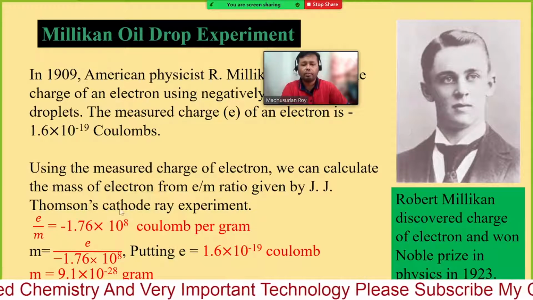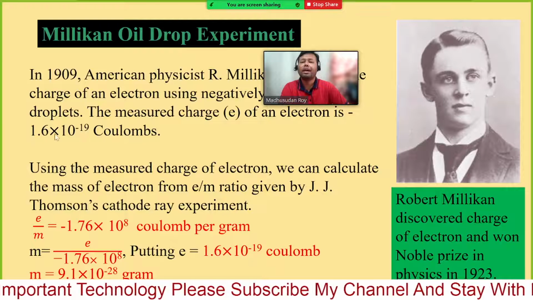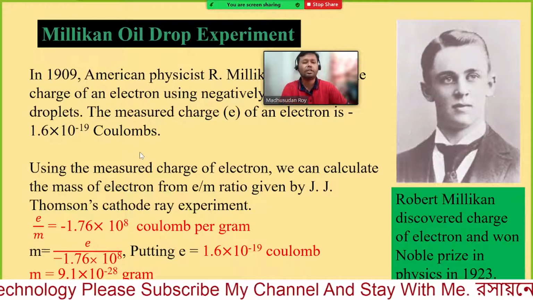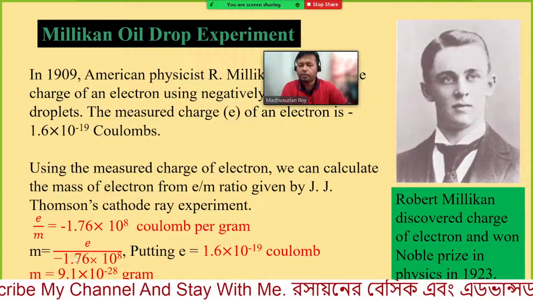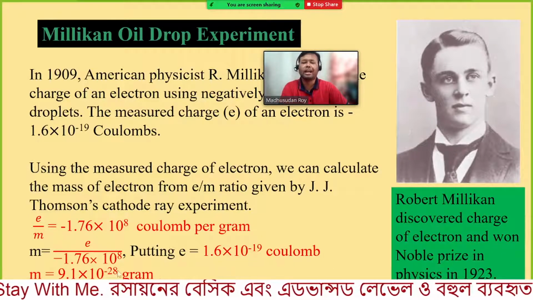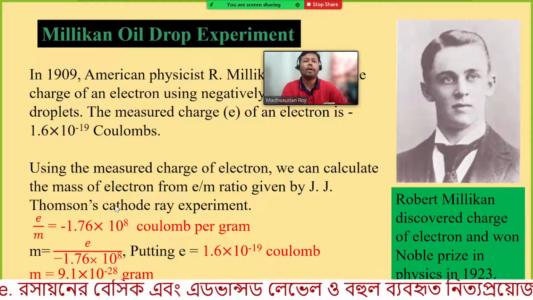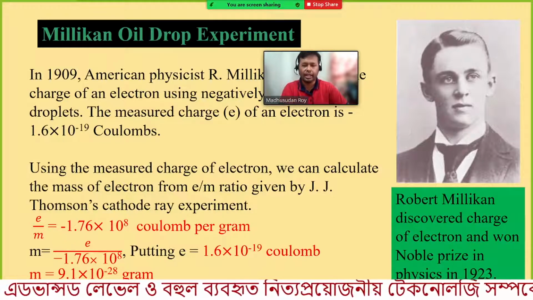So from this value and the charge of the electron, we can now find the mass of an electron. Just put in the values, then m equals 9.1 into 10 to the power minus 28 gram. That means the mass of an electron is 9.1 into 10 to the power minus 28 gram.